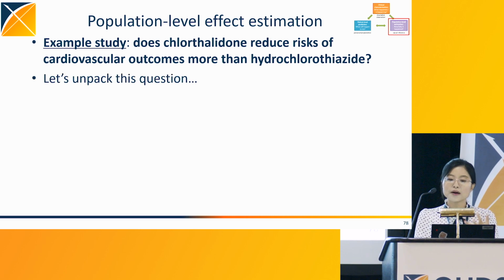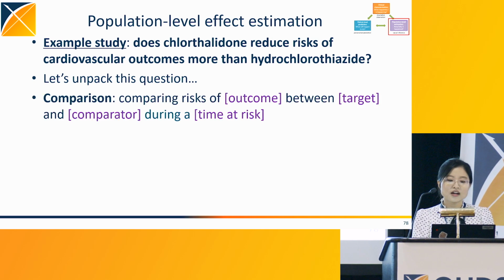If we try to unpack this question and fit all of these elements into the OHDSI template of how we think about analytics, it generally falls into this sort of template question. We're trying to compare the risks of a certain outcome or a set of outcomes between a target exposure and a comparator exposure during a specified time at risk.